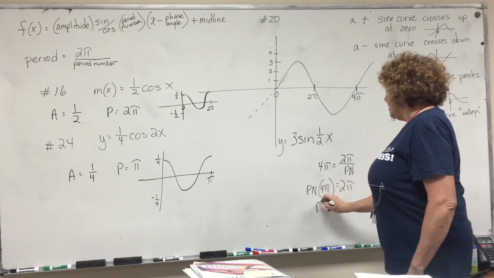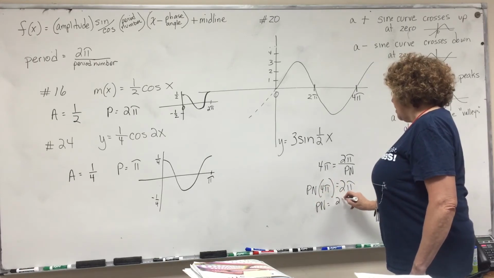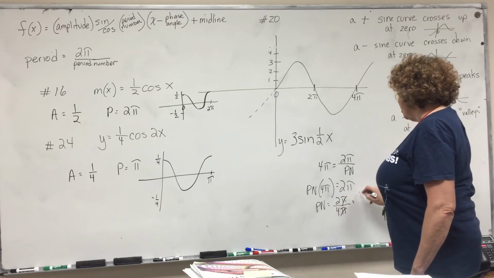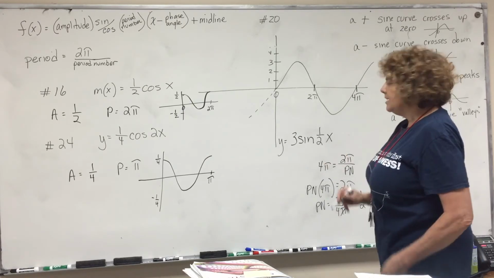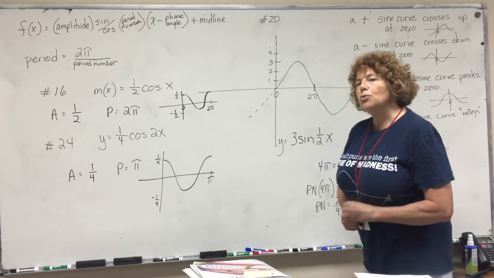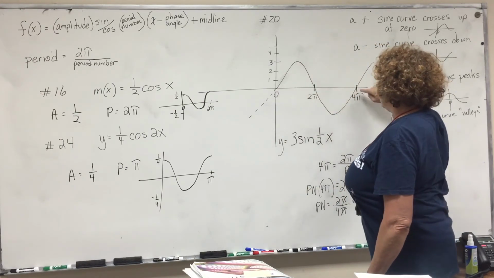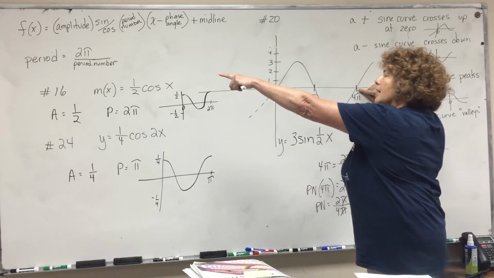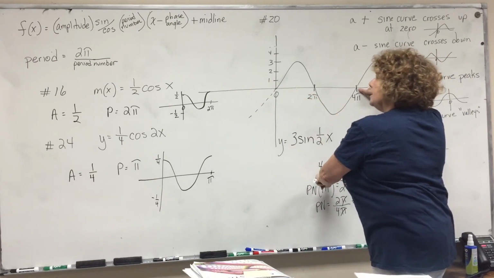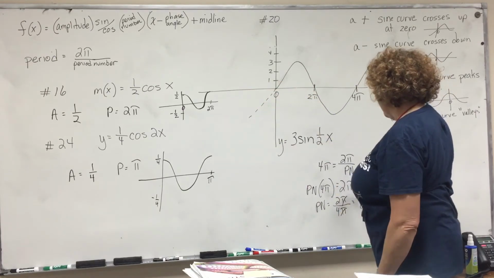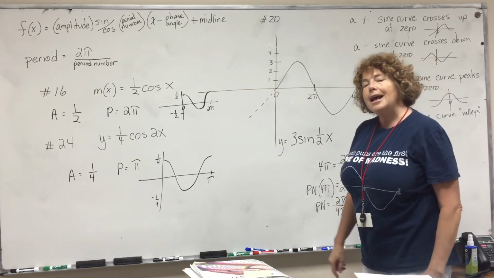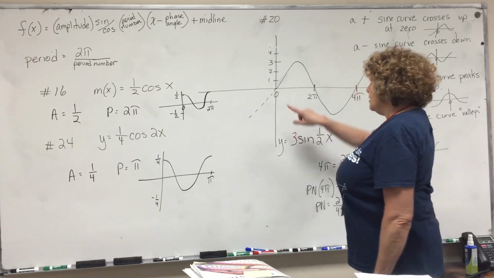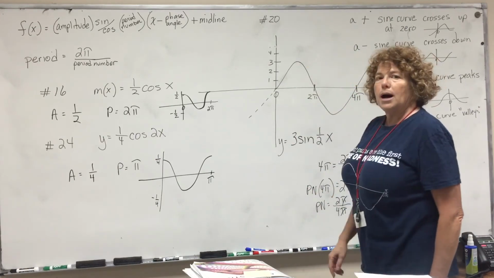And then you divide, Pn equals 2 pi over 4 pi. Cancel the pi's and reduce it, it comes out to 1/2. So see, you can do it mathematically as well. Just figure out what one complete curve is, which is 4 pi, and plug it into that. The period is 4 pi equals 2 pi over the period number, which is what you put in there. And that's how much of a curve fits in 2 pi.